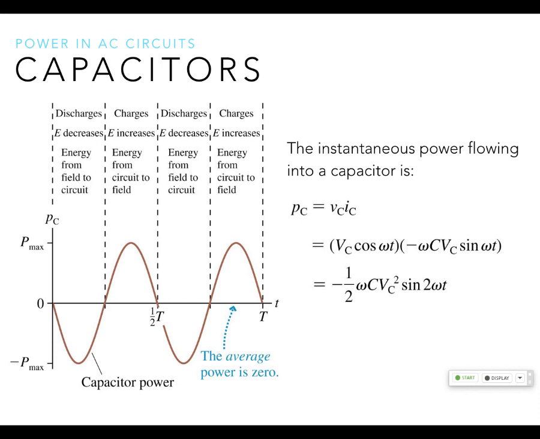That's a trig identity. Everybody loves those. And we end up with something that's also a sine function, but it's twice this, okay? The whole point is the energy gets stored and it oscillates just like the AC circuit, okay?